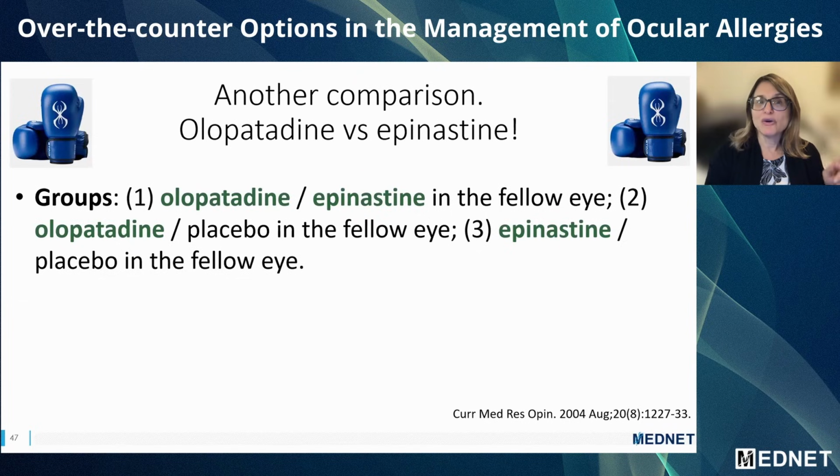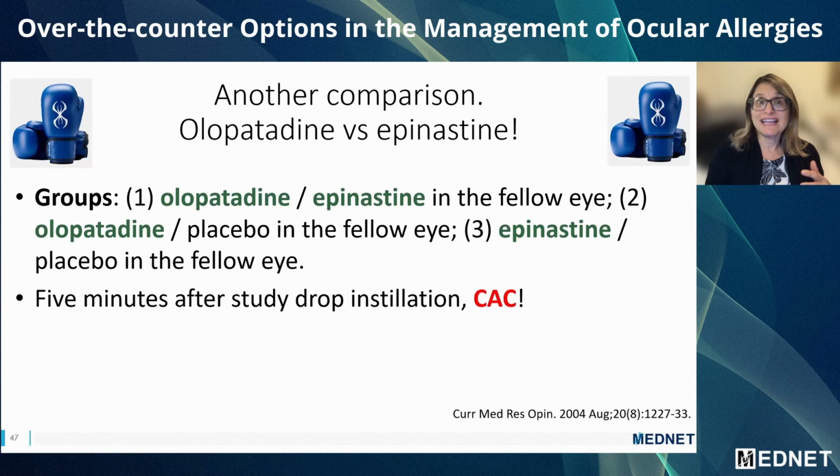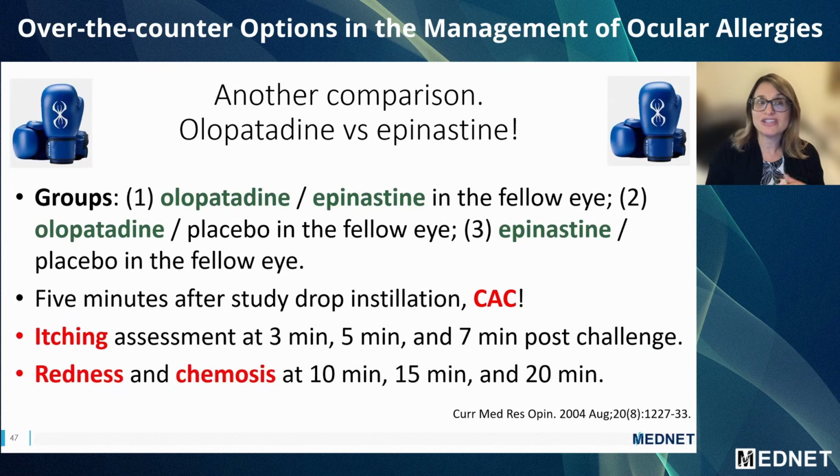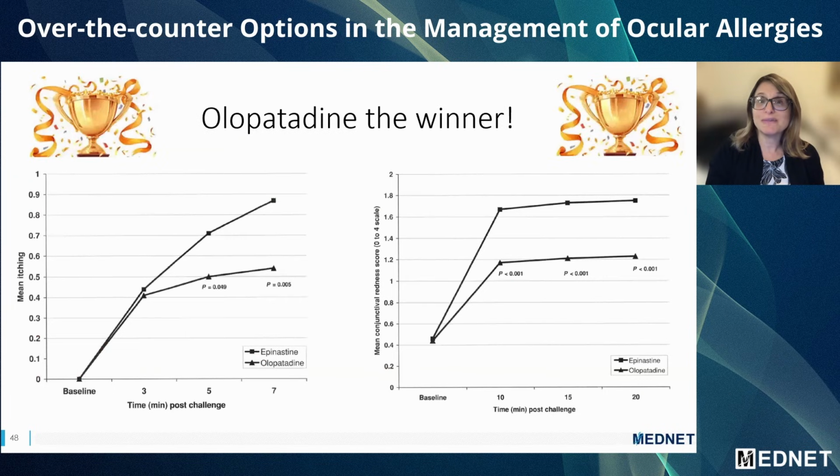One was olopatadine and epinastine in each eye. One was only olopatadine versus placebo, and one was epinastine versus placebo. Again, people got the drop, and then 5 minutes later, the CAC challenge, and again, itching was assessed after the challenge, along with redness and chemosis.